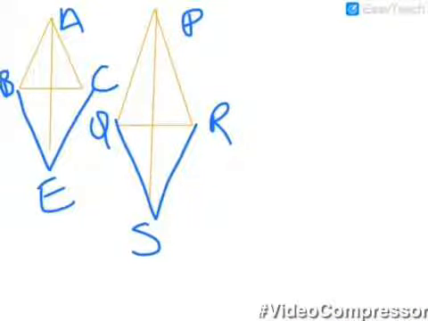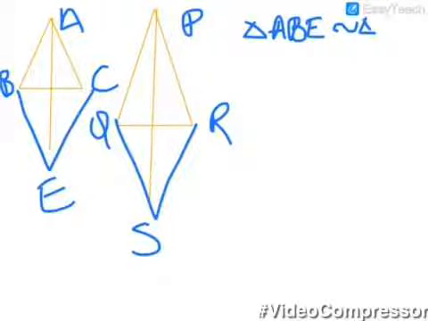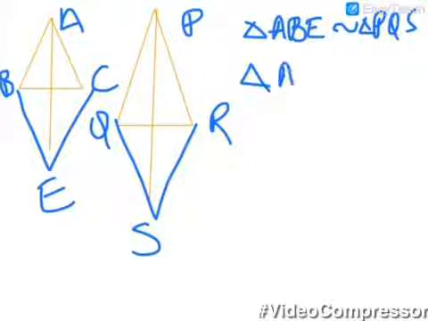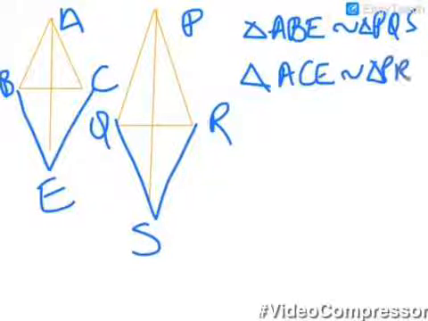What we have proved is that triangle ABE is similar to triangle PQS. When this side triangles are similar, automatically the other side also we can prove the same way. So let's write it directly. Similarly, triangle ACE is similar to triangle PRS.